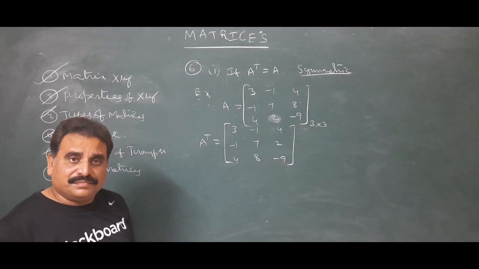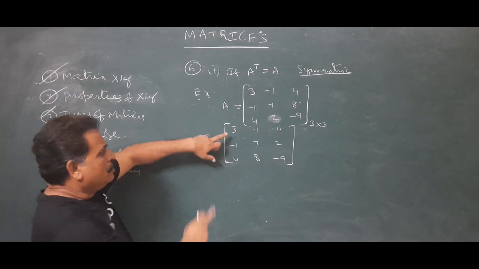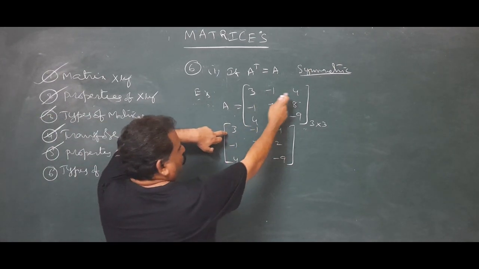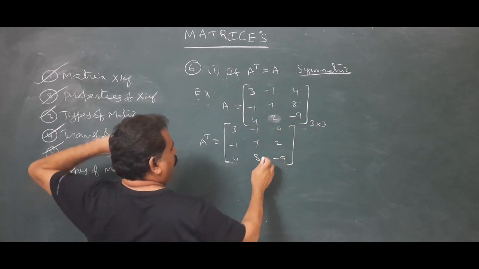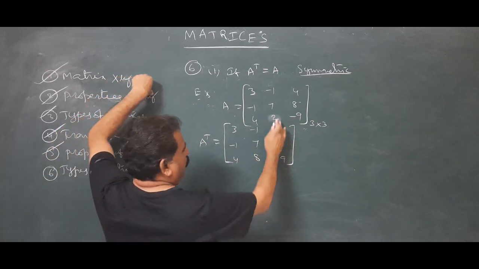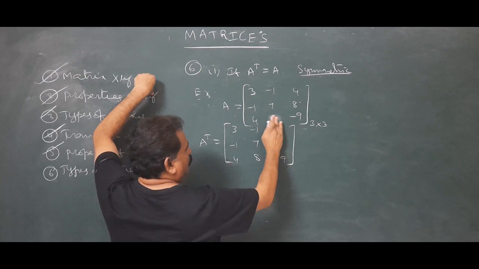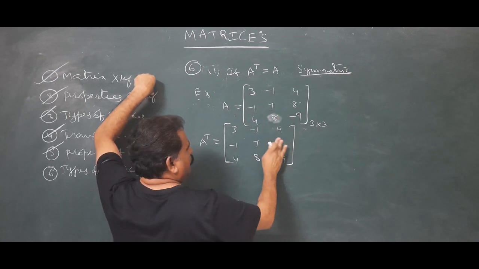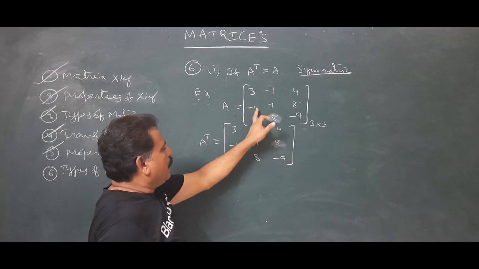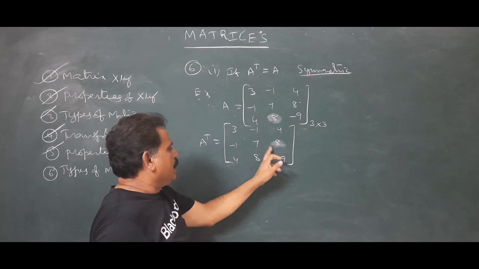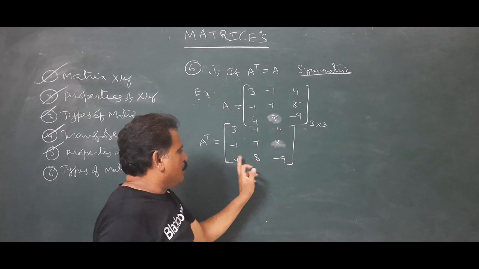Now you check that A transpose. First row is 3 minus 1 4. Second row minus 1 7 8. Here, in the third row, we get 4 8 minus 9.